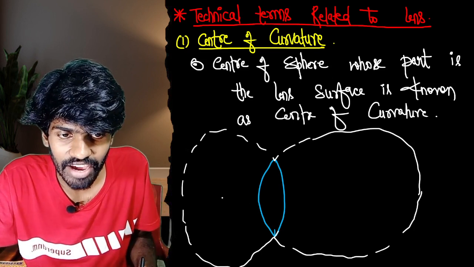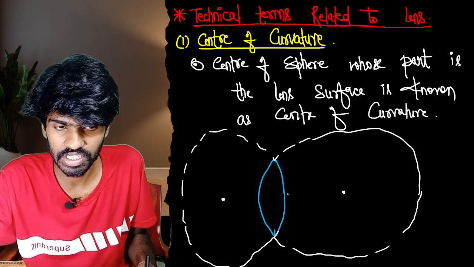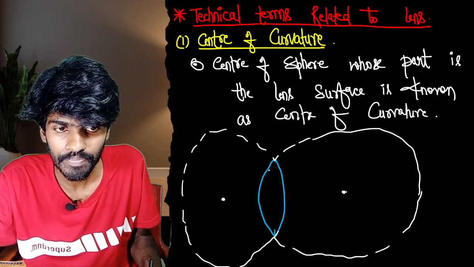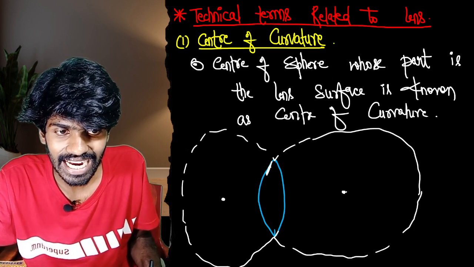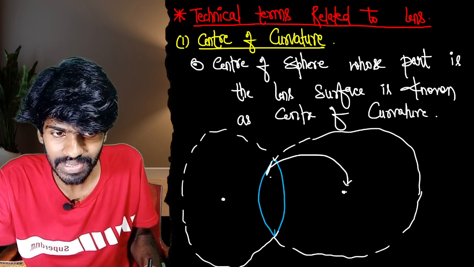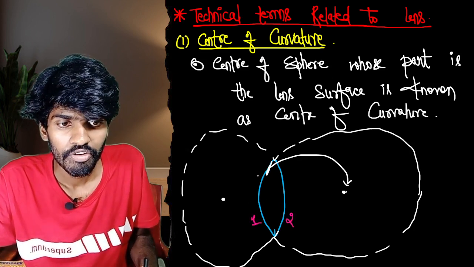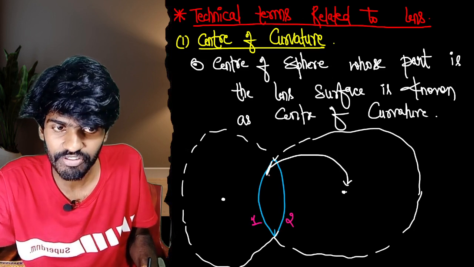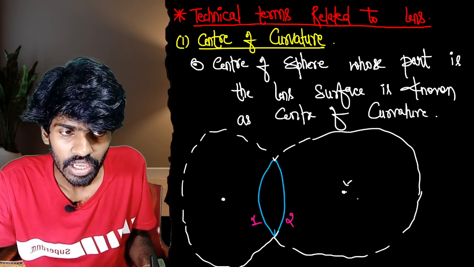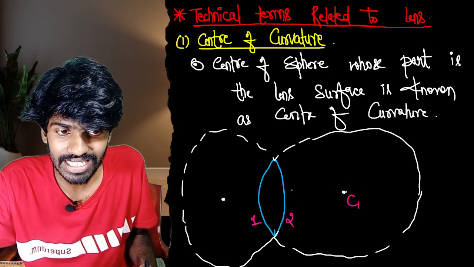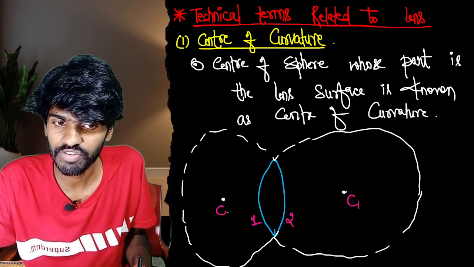So it will have two centers of curvature. You can name them 1 and 2. For the first surface, center of curvature will be C1, and for the second surface, center of curvature will be C2.